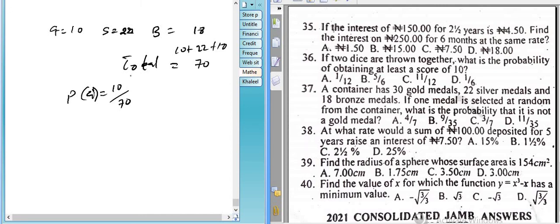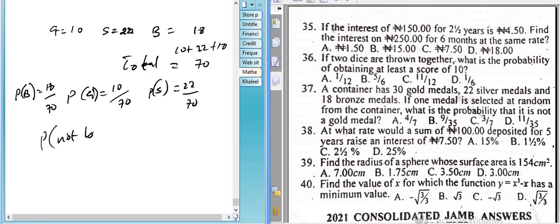The probability of gold medal is equal to 10 over 70. The probability of silver, S, is 22 over 70, and the probability of bronze is going to be equal to 18 over 70.